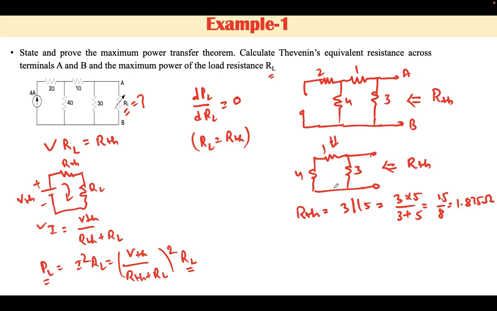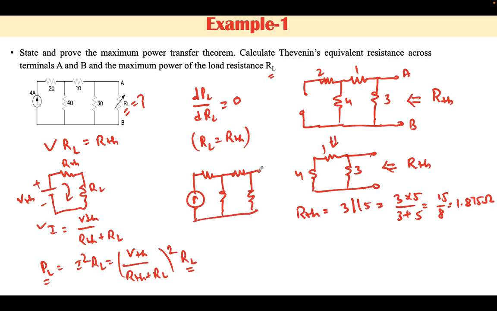To find the VTH of this circuit, let me consider this network again. There is a resistance, there is a source, this is 1 ohm, this is 3 ohm.